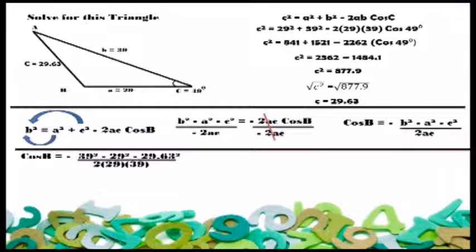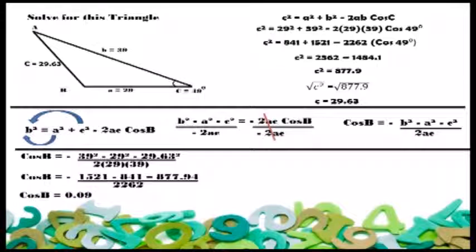Now substitute the given, simplify it to get the answer. So our cosine B is equal to 0.09. Like what we have done on the law of sine, in your scientific calculator, press shift plus cosine and your answer 0.09 and hit equal.